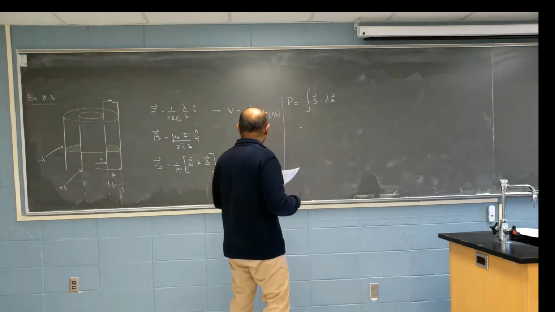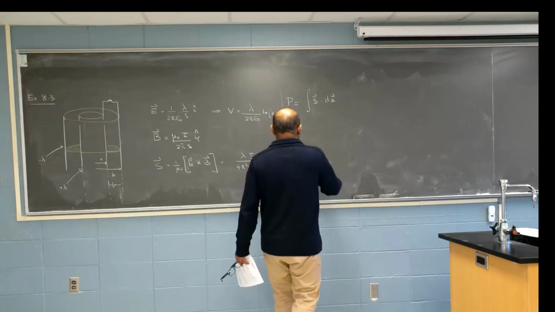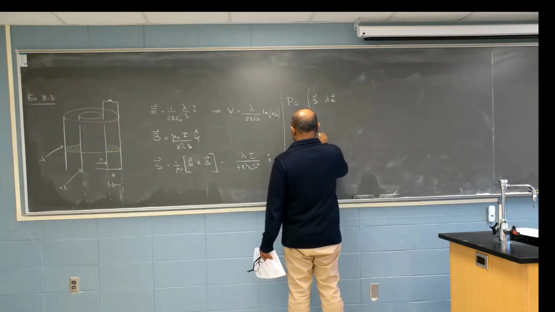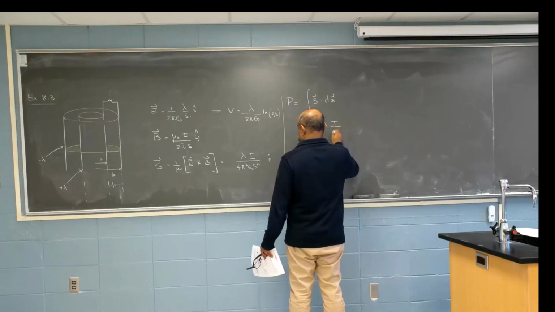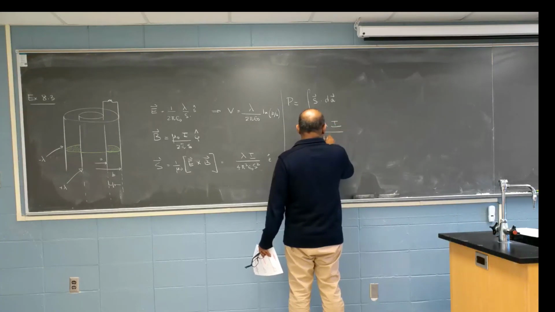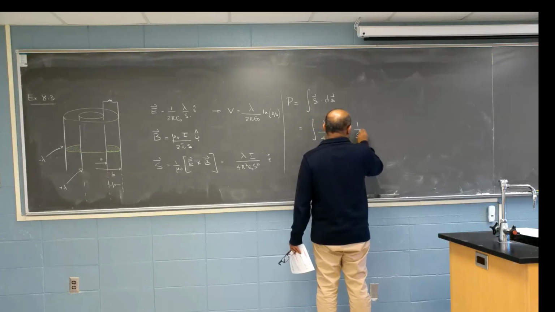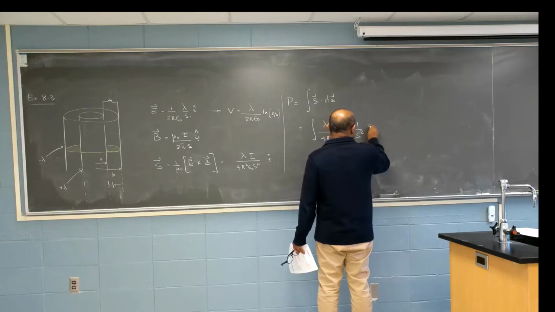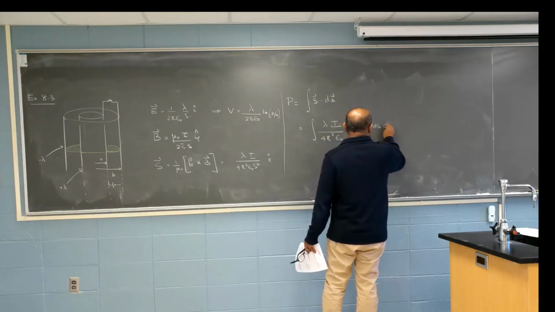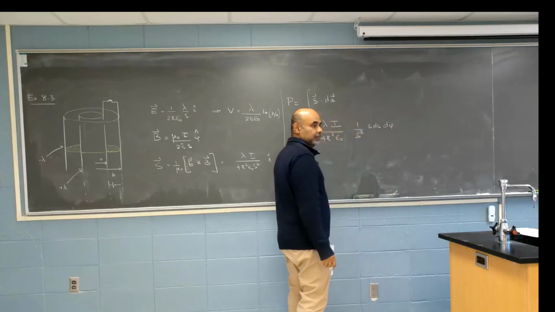Z hat dot z hat is 1. So I would have integral lambda I over 4 pi squared epsilon naught 1 over S squared S ds d phi.